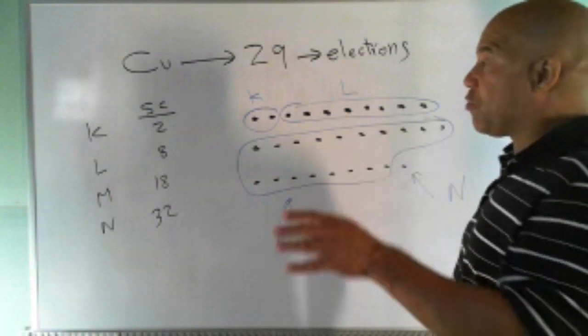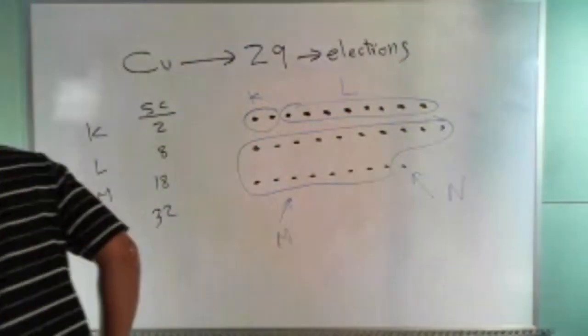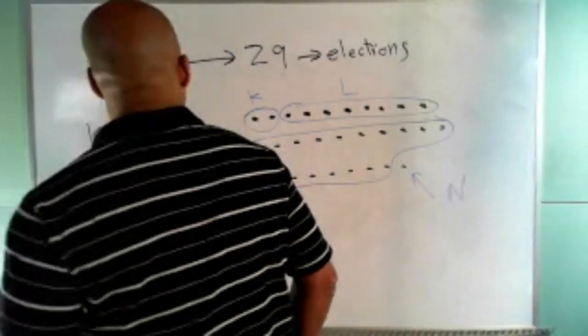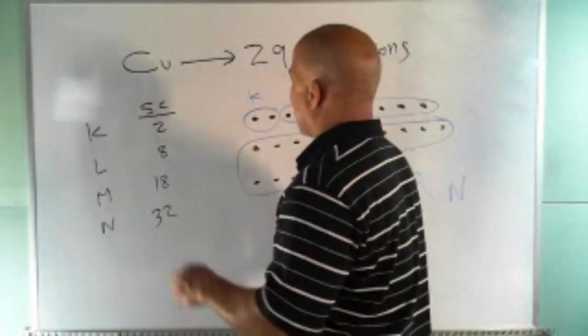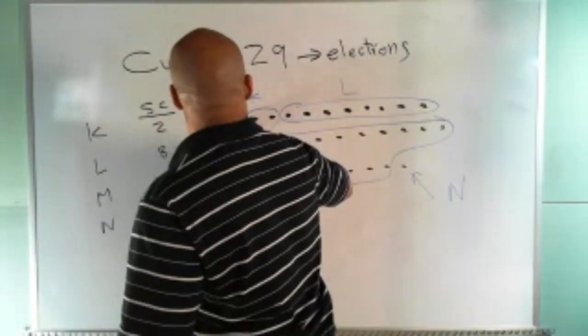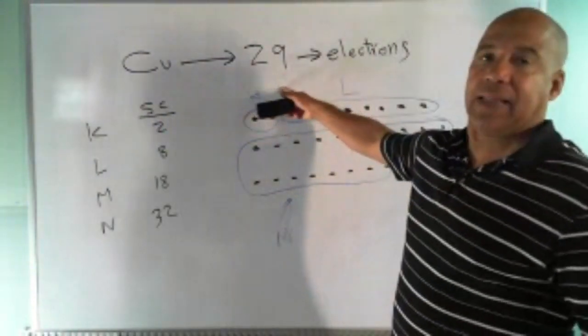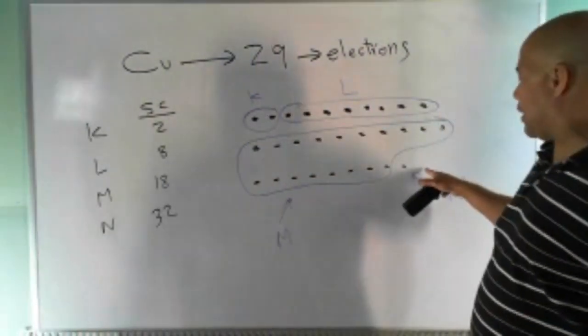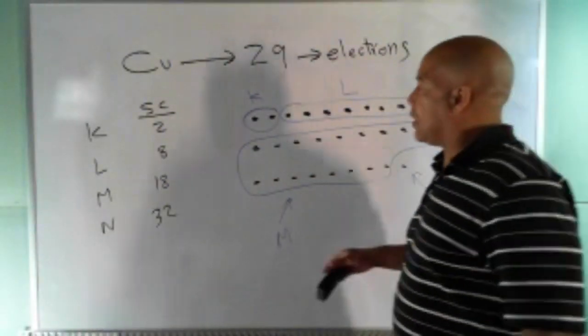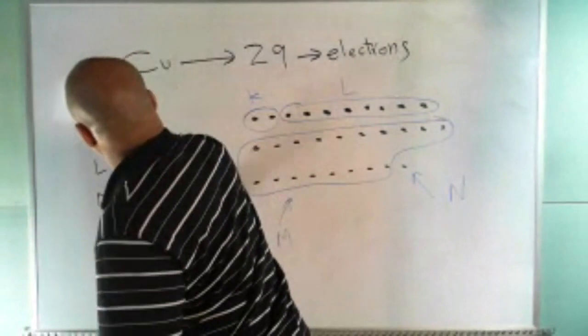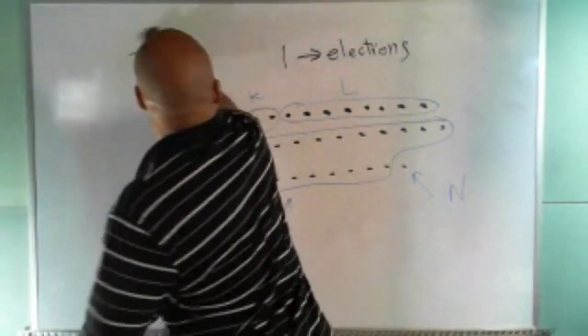Since we're talking about copper, I want to point something else out to you, though. Let me draw this as an atom. Look at this. I'm going to show you something. It's not really in the topic sheet, but this is kind of important. We know that copper has 29 electrons, and we know that it has 1 electron in the valence shell. So let me draw what it might look like using the Bohr model.